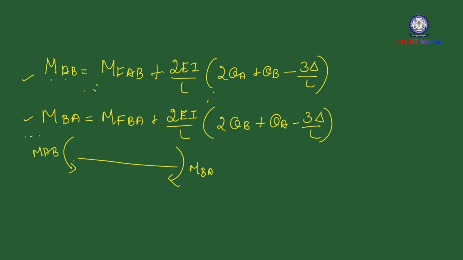So we will see one problem now. Analyze the two span continuous beam. One end is fixed and here this is a roller support, then the other end is fixed.